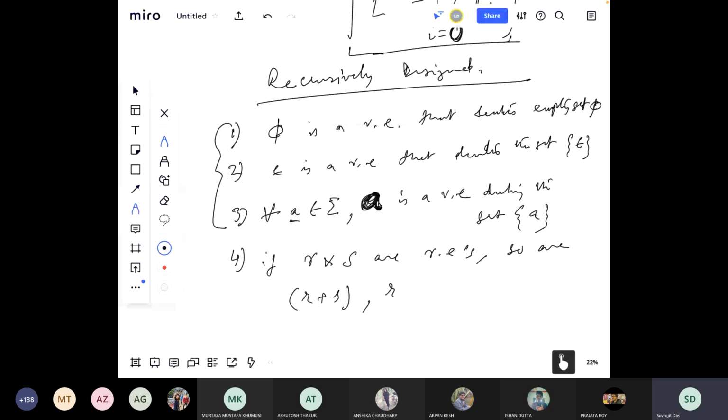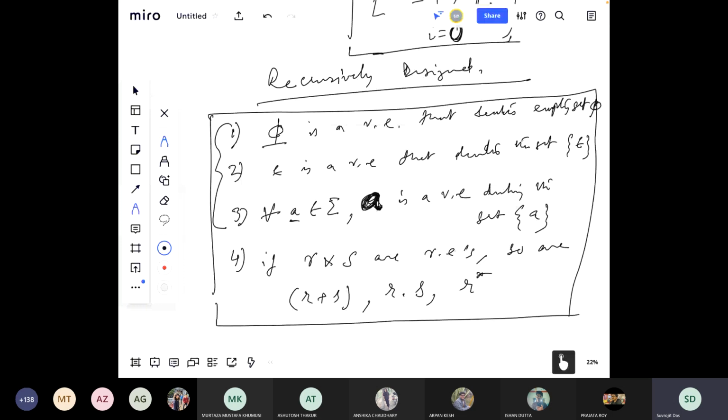So these are the 4 basic recursive steps to define a regular expression, which is an algebraic expression capable of expressing sets. You define the basic building blocks: either it is phi, or it is epsilon, or it's a single symbol.